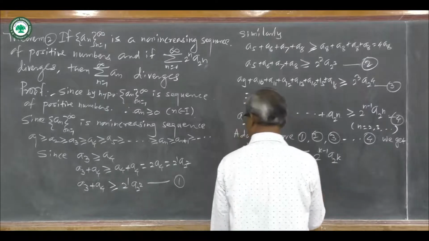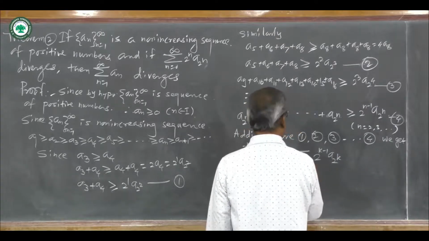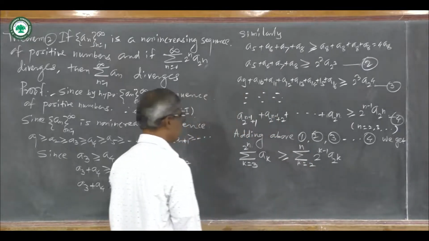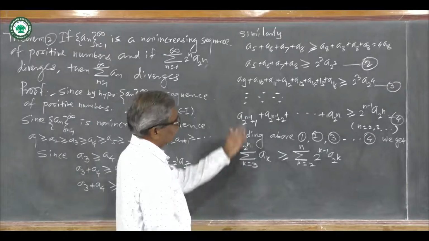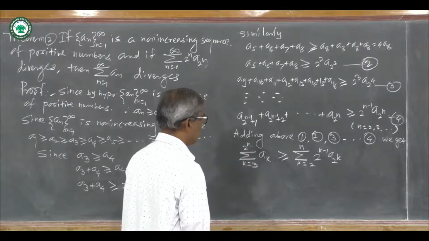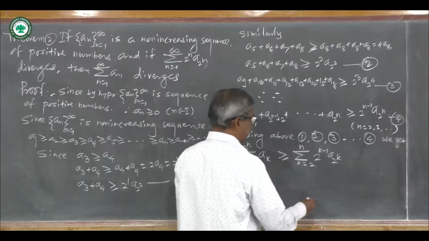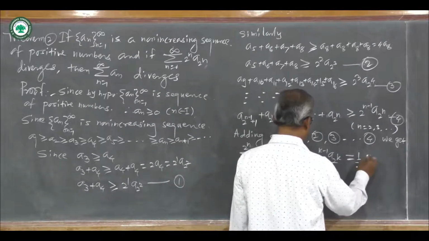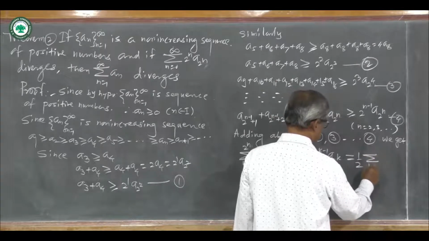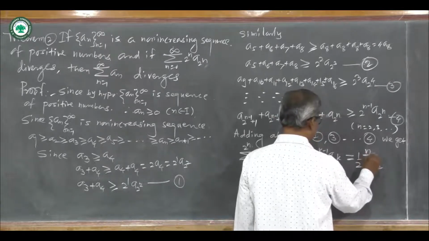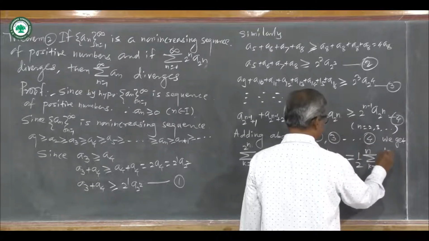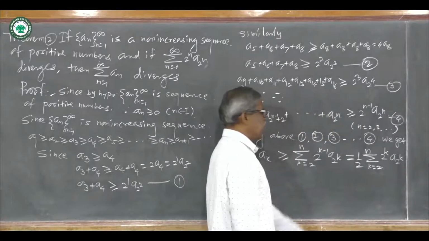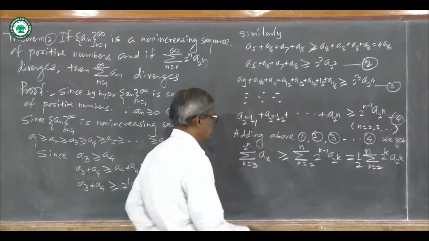K is equal to 2, last term is n. If we put 2, we obtain this first term and so on. We write RHS is equal to 1/2 times summation k is equal to 2 to n, 2 to the power k A suffix 2 raised to k, multiplying by 2 and dividing by 2.